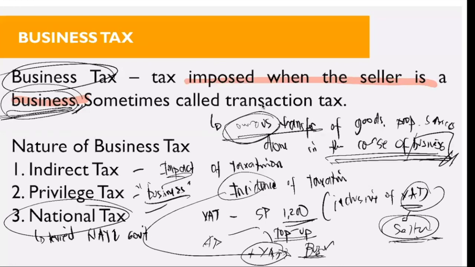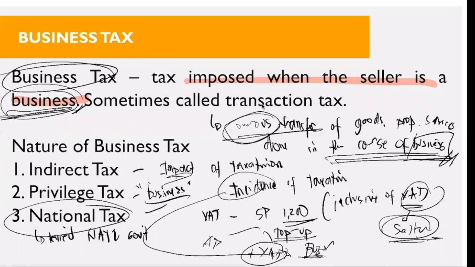So what are the natures of business taxes? First, indirect tax, because the impact and incidence of taxation differ. Next, you have your privilege tax, because it is a tax on the performance of a privilege of doing business. And third, it is a national tax because it is levied by your national government. So what is again the definition of a business tax? It is a tax on the onerous transfer of goods or services made in the ordinary course of business.